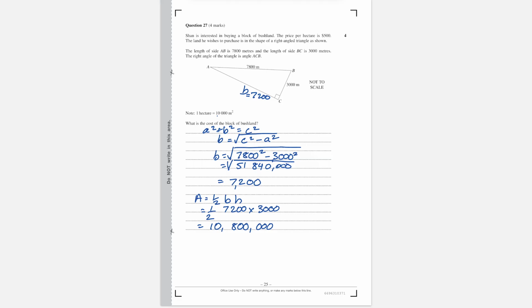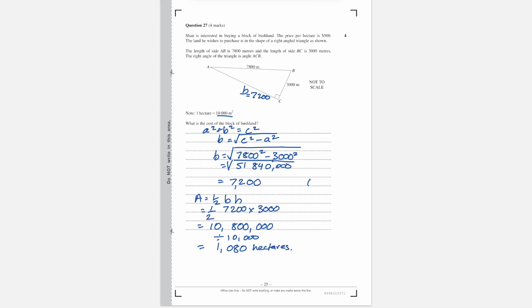Now we need to divide it by 10,000 to know how many hectares it has. So divide by 10,000. And we get 1,080 hectares.